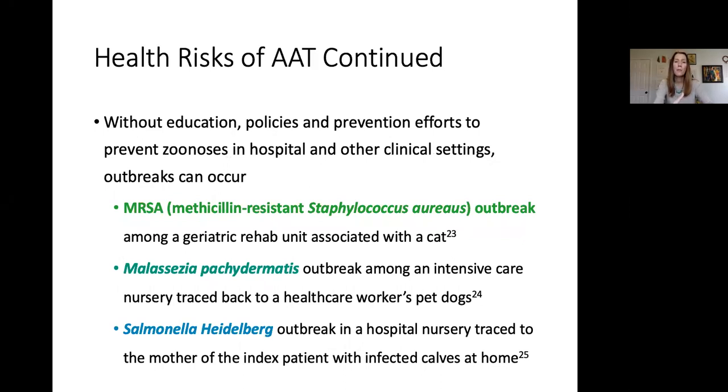And we know that because there have already been several outbreaks associated with zoonotic disease within healthcare settings. For example, an outbreak of MRSA among a geriatric rehab unit was associated with a cat that lived within the ward. This cat tested positive for MRSA colonization on the feline's paws, as well as a swab of its fur.